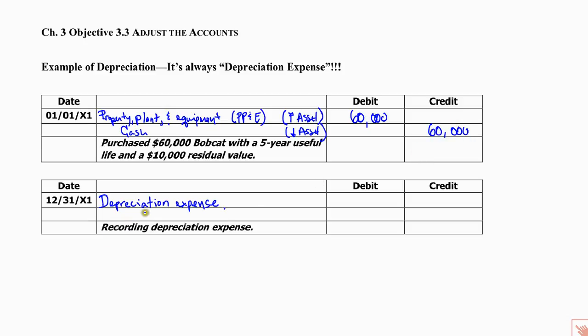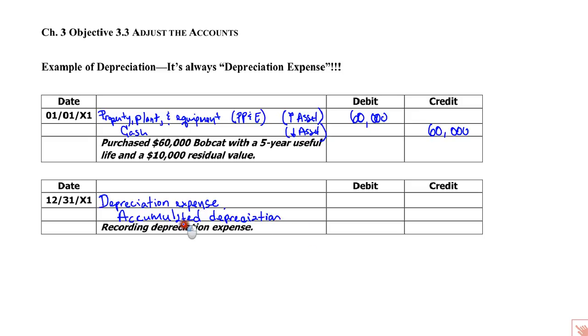All right, now before we get to calculating the amount, the credit is a different type of account called accumulated depreciation. I told you that assets have a debit balance, and that is true, but this account, we're going to get more into it in Chapter 5.